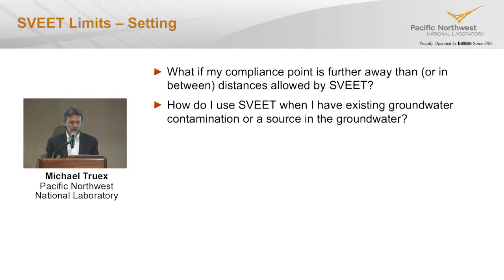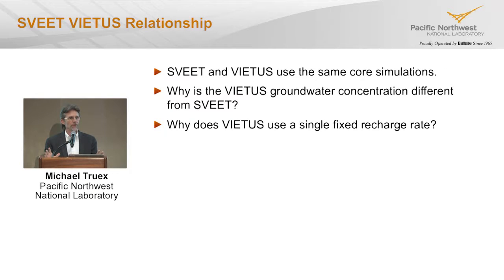So I just want to make sure we brought up some of those issues, because those are some typical elements that might come up, because we only have a certain set of parameters we can look at. And if you have a vapor intrusion sort of need, VIETUS uses the same sort of input for parameterizing your site. And so everything we told you about is all the same.